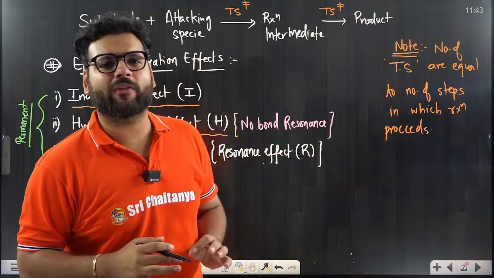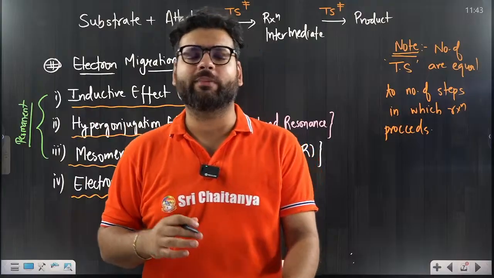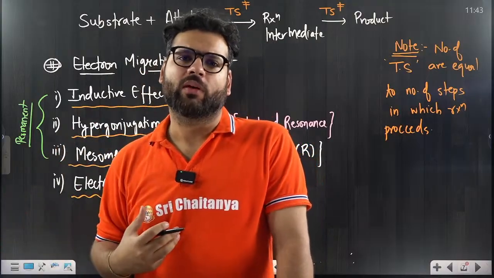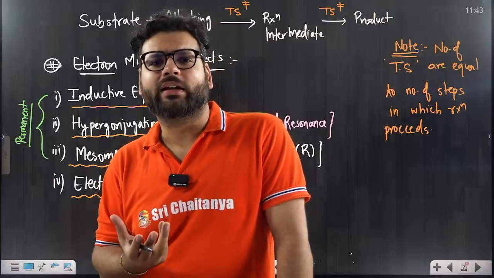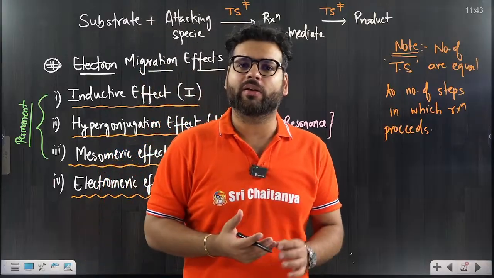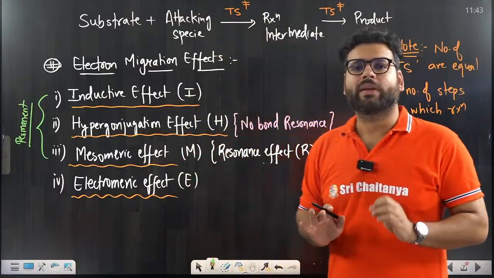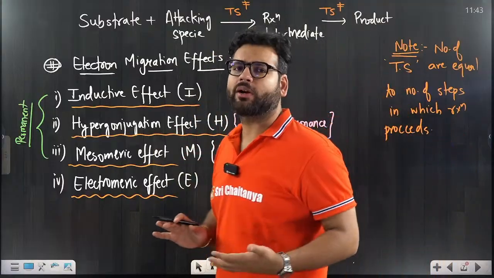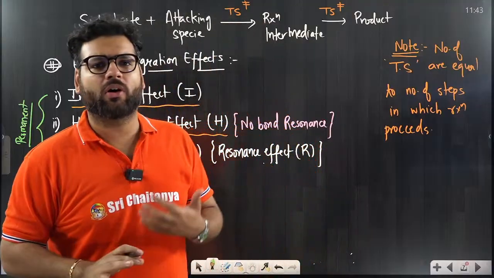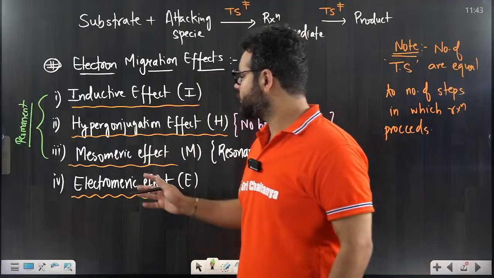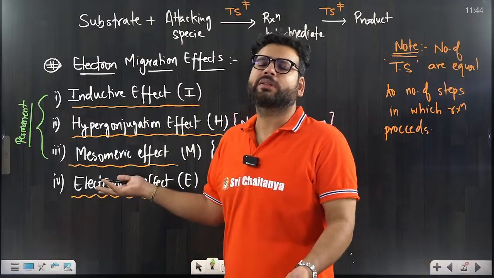But the electromeric effect is a temporary effect. That means it only works when an attacking species approaches. So in a normal substrate, there is no electromeric effect happening. So whenever a question comes on stability of carbocation, carbanion, alcohols, acidity, or basicity of amines, in all these questions you never have to check the electromeric effect, because that will not be happening.